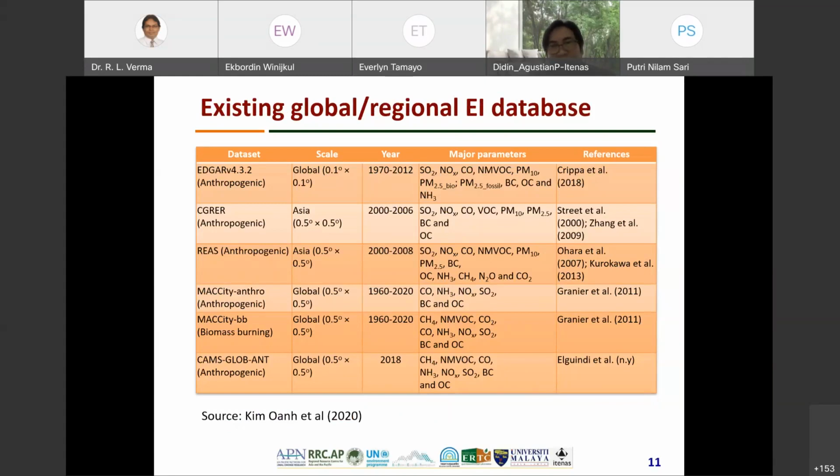The coverage of species in these inventories also differs from one data set to another. We remember that before 2005, black carbon and organic carbon were rarely seen in the global databases, but now those important parameters have been included in the inventory data.